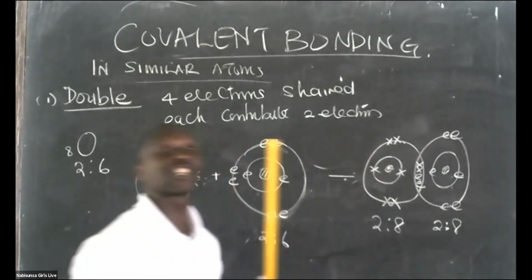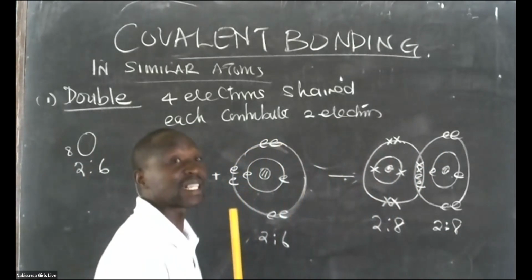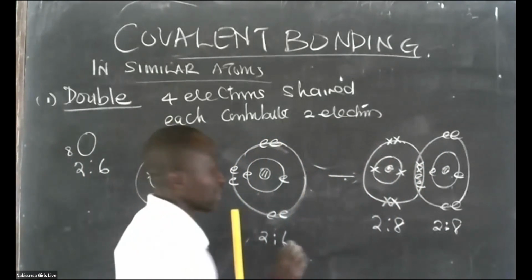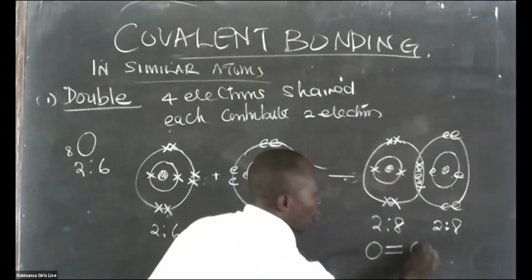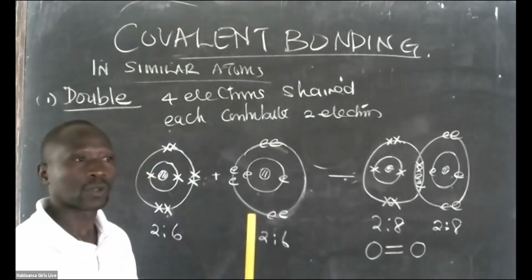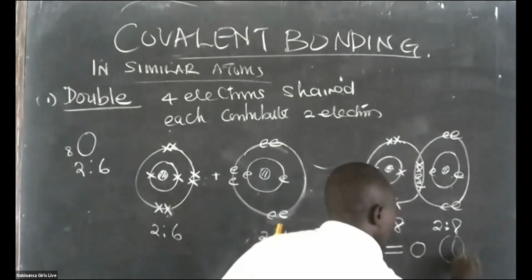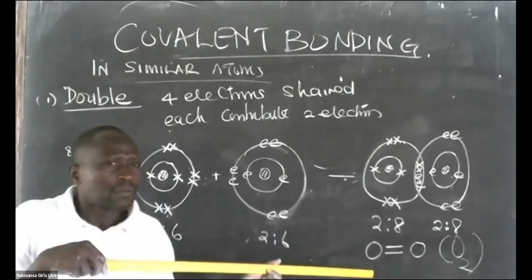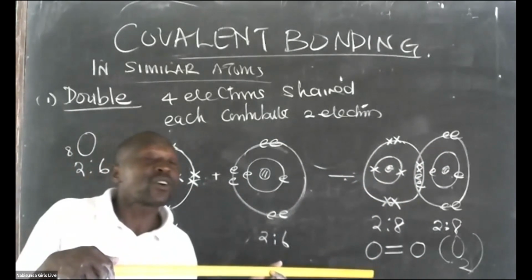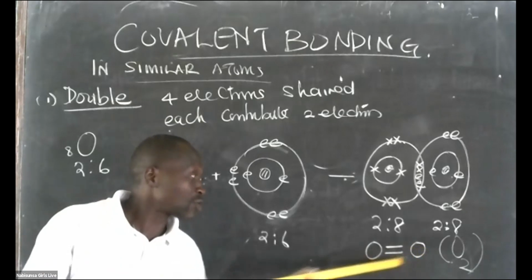Stability by sharing. So what is the formula of oxygen? The formula of oxygen is O dash O, which we comfortably write as O2 because we're not interested in showing the bonding. So what happens in oxygen? What happens to the 2 atoms?